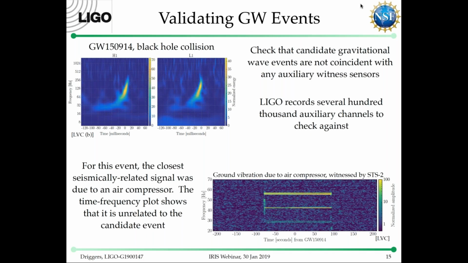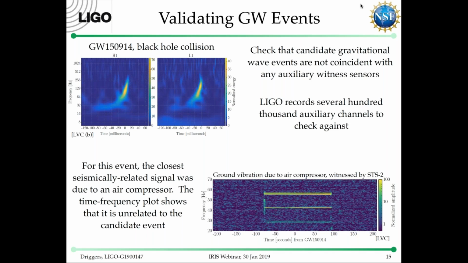And so we can see our classic, as expected by general relativity, chirp in the time frequency plane. And then we can look at all of our several 100,000 auxiliary channels and confirm that we don't see anything of that shape in any of our other signals.